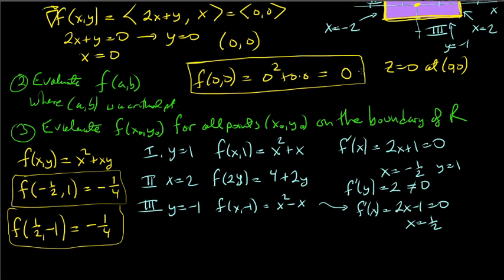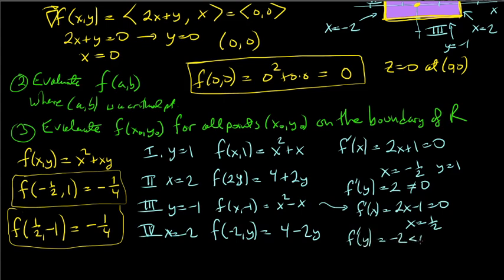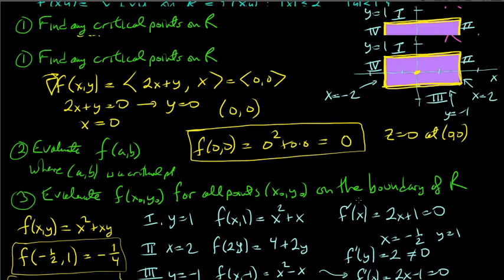Okay, so for region 4, x equals negative 2. I think we get the same thing, right? We get 4 minus 2y now, right? But the derivative of that is never 0. It's just negative 2, right? So never equal to 0. So that's it, right?